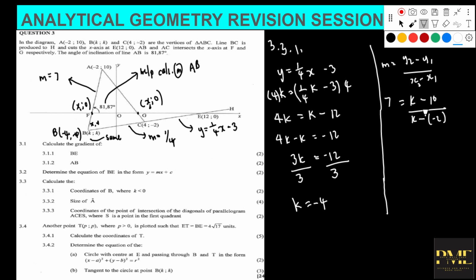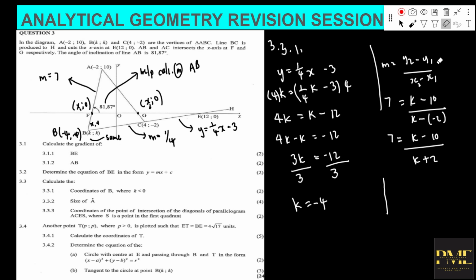So we've got our brackets there, and we know that BODMAS says we should finish the first bracket first. So I will have 7 equal to K minus 10 all over negative times negative, or positive, so I have K plus 2. Then, to get rid of my denominator, we remember what we said: we multiply by the denominator on both sides.